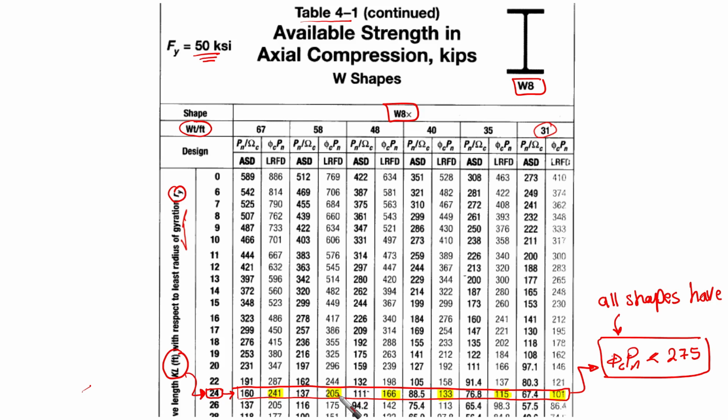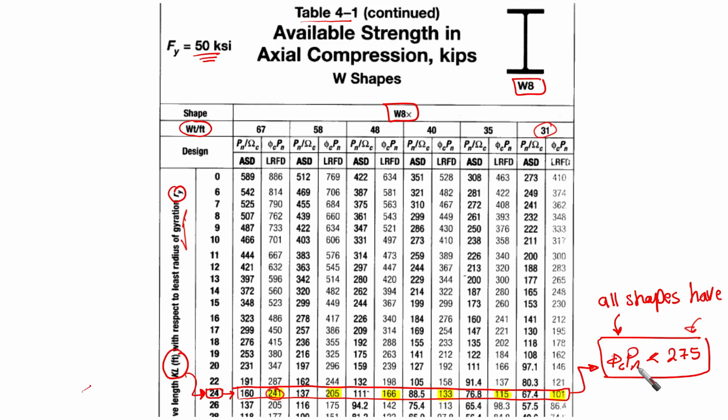For 58, it is 205. We are closer now. And then for 67, I mean W8x67, it is 241. Is there anything else? No, there is nothing. I mean that the wide flange with depth 8, W8, doesn't have the strength needed.